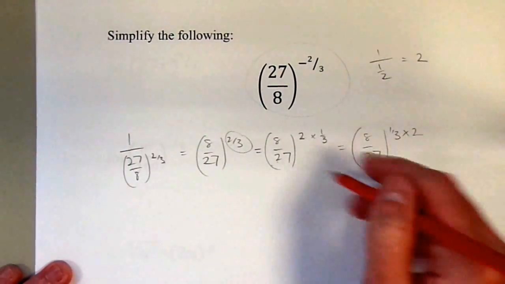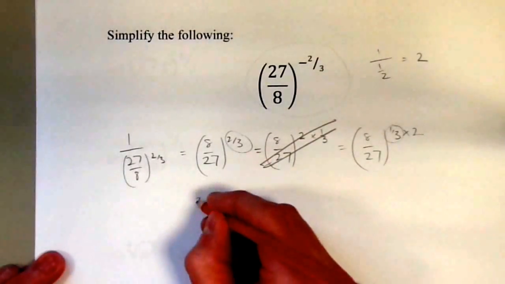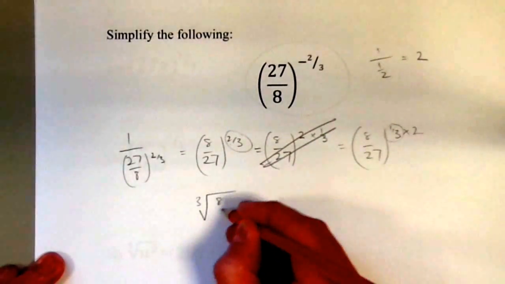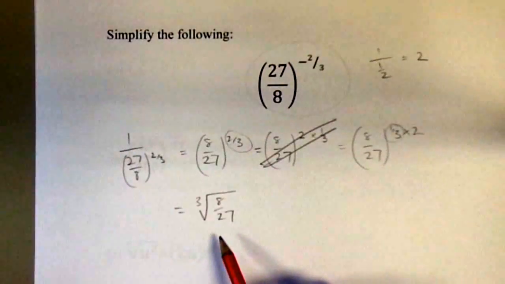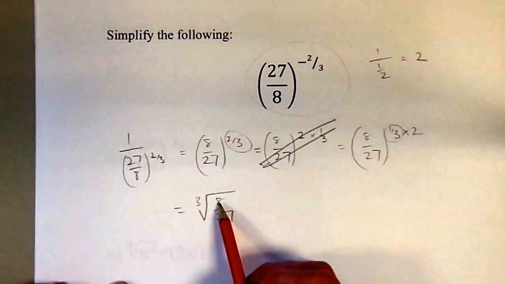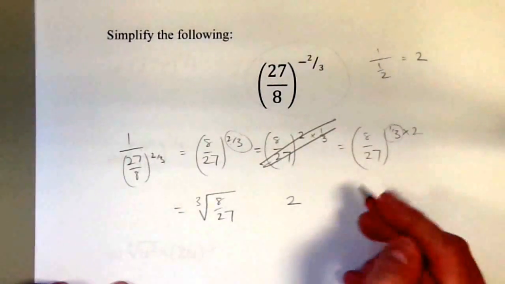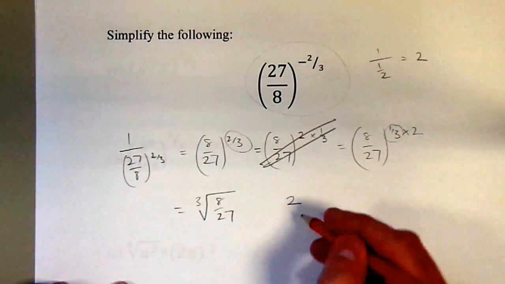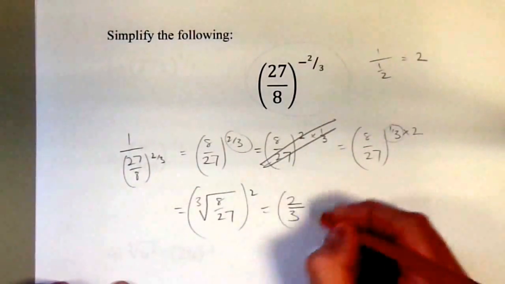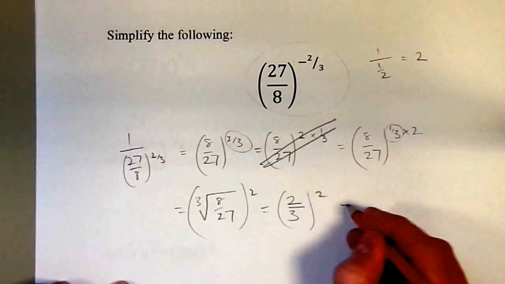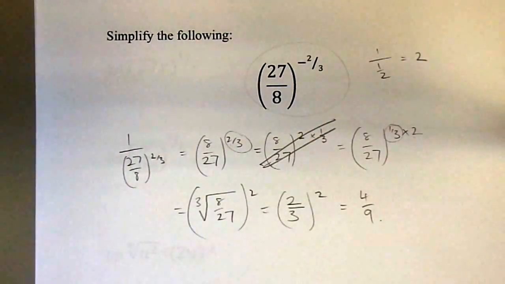And in this case it's this one, because raising to the power third is the same as cube rooting, and both of these are cube numbers. So what do you times by itself 3 times to make 8? That's 2. And what do you times by itself 3 times to make 27? That's 3. But we've still got this squared here that we have to deal with. And then finally we've got 2/3 times 2/3 is 4/9.